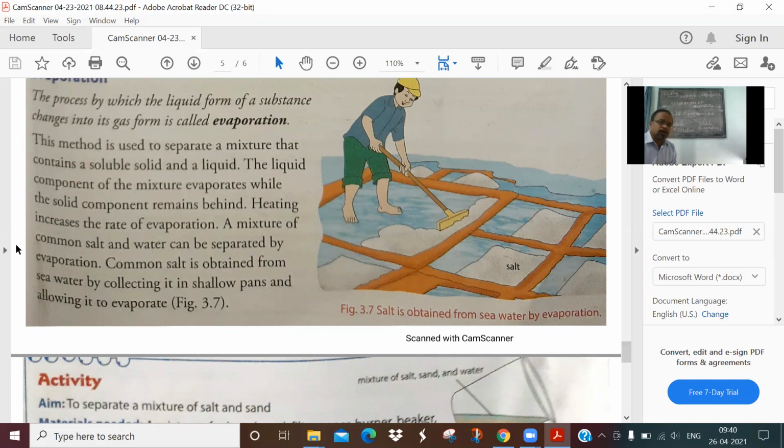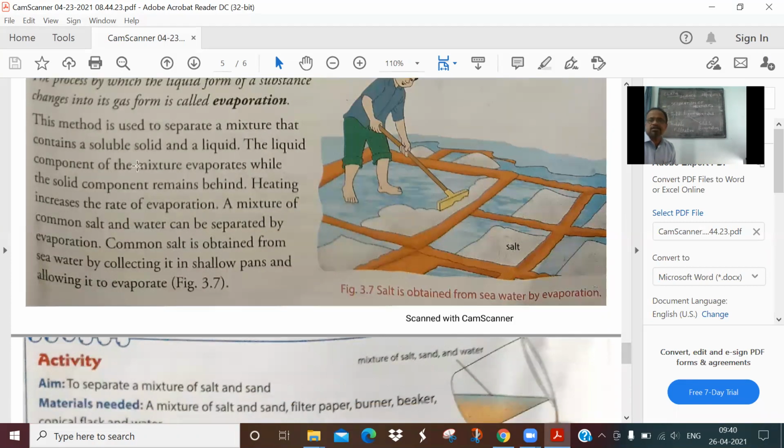So I'm reading it, just look into it. The process by which a liquid from a substance changes into its gas form is called evaporation. This method is used to separate a mixture that contains a soluble solid and a liquid. The liquid component of the mixture evaporates while the solid component remains behind.